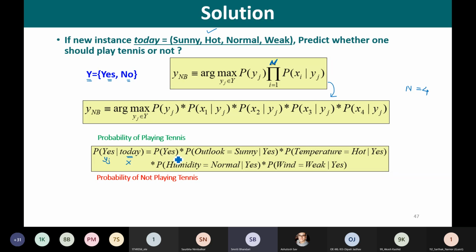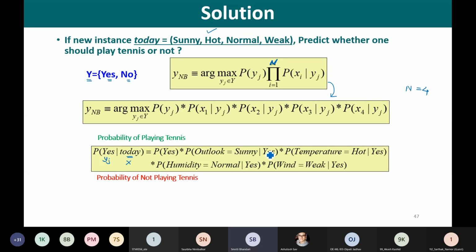So the probability of yes multiplied by the probability of x1 given yj. The first attribute in our data set, x1, is outlook. So the probability of outlook equal to sunny, as we are predicting for this instance, given yes.